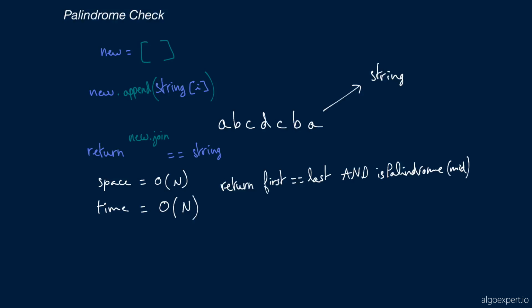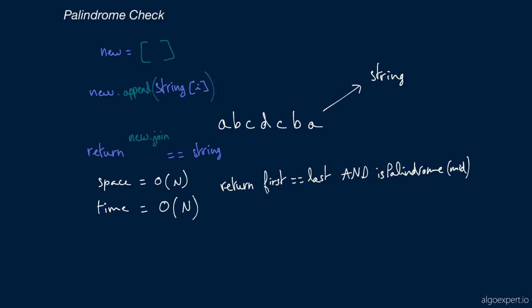We're first checking the first and last letter, A and A, and then we're calling is palindrome on the middle string, which is going to check the second letter and the second to last letter, B and B, and call is palindrome on CDC, which is then going to check that C is equal to C, and then call is palindrome on D, and then we're going to hit a base case and we'll be done.